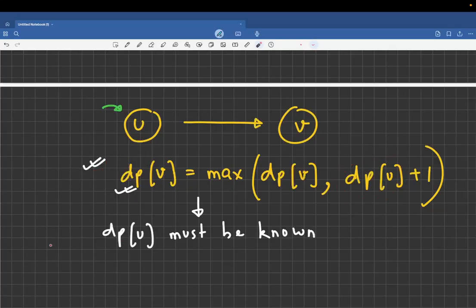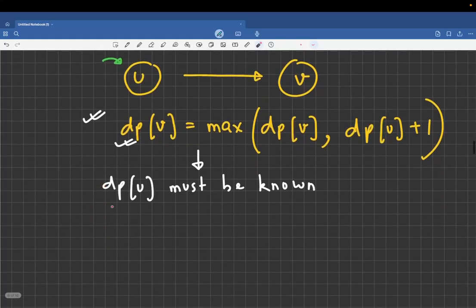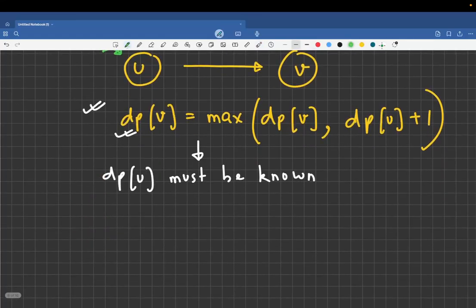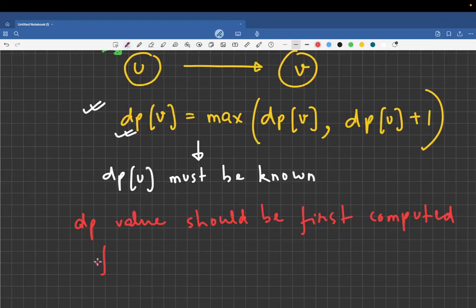So I came to the conclusion that dp of U must be known, and that the dp value should be computed first for U and then V, for any U comma V such that there is an edge from U to V.